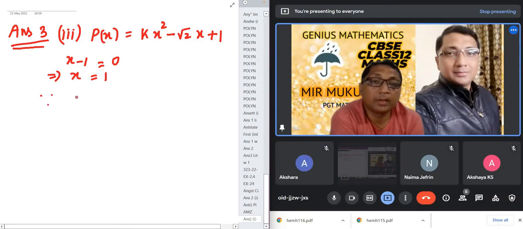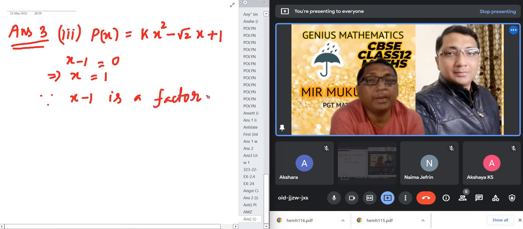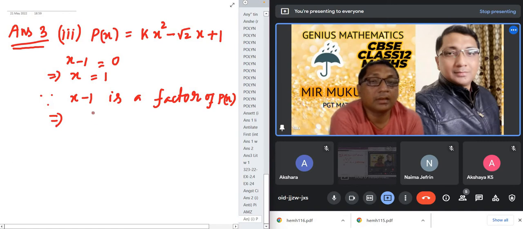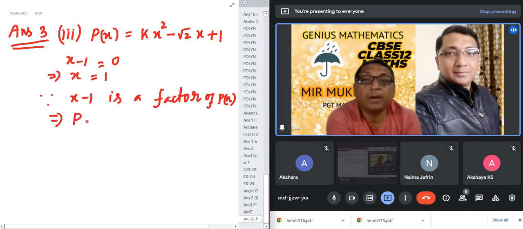Since x minus 1 is a factor of P(x), P(1) will be 0.